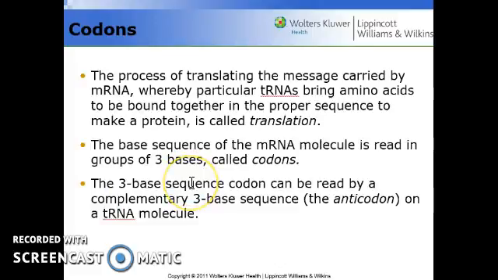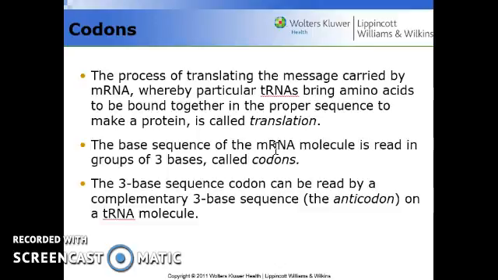And so when messenger RNA is being translated, it's read. First off, the messenger RNA has to make its way through a ribosome complex, like we saw in the video. And then there are 3 nucleotide bases that get read together, and that's referred to as a codon.